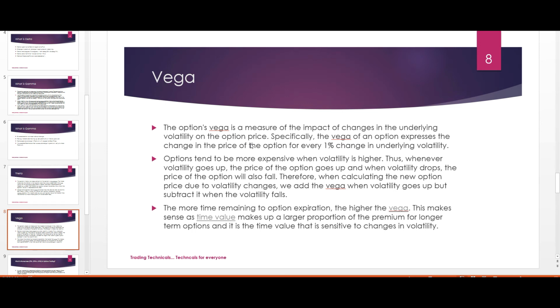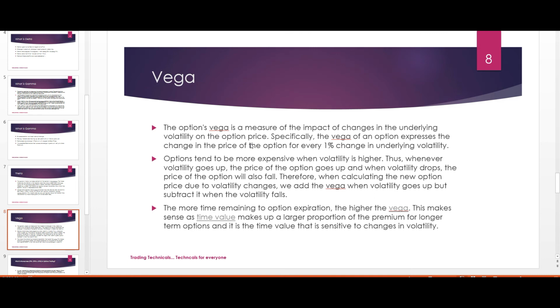If you remember, in some other video I mentioned when you should not trade an option, or when is the right time to sell the option. When the volatility, the VIX, which we always consider as the volatility index, is very high, you would have observed that your premiums are always higher on that particular day.